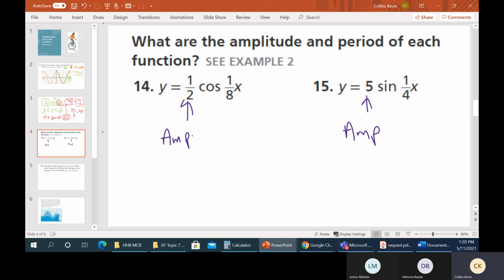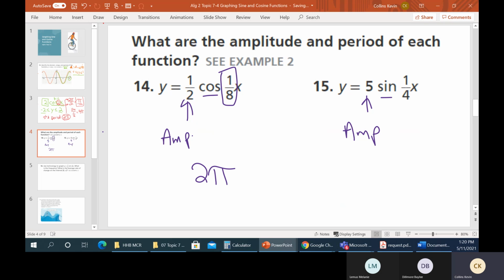Now the period is a little bit harder, but not much. Think of it this way. The standard period for cosine or sine is 2 pi. That is the standard time it takes to get around the circle one time. So this guy is only going 1/8 as fast.